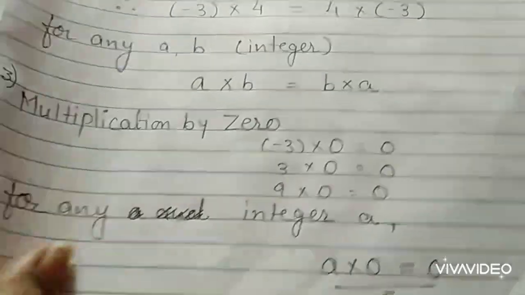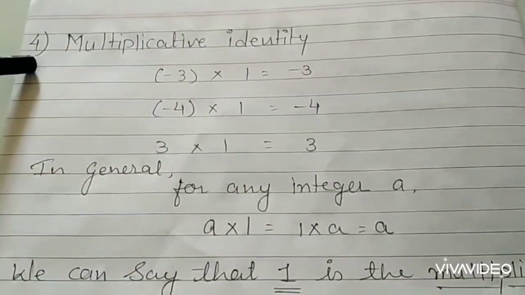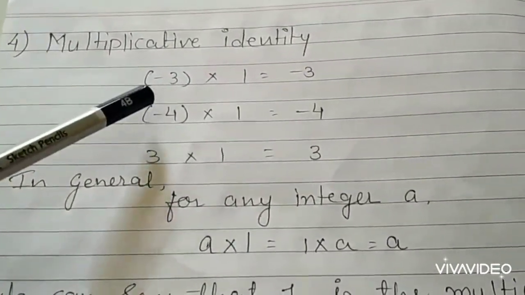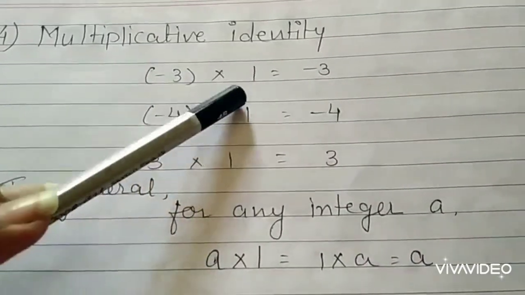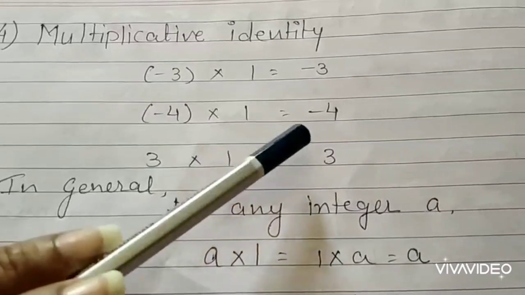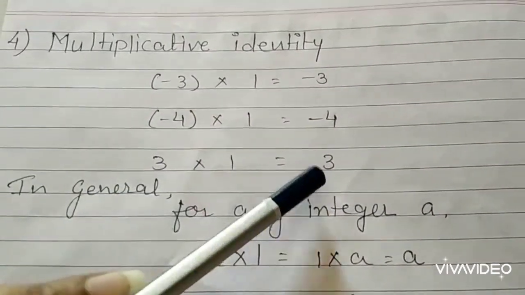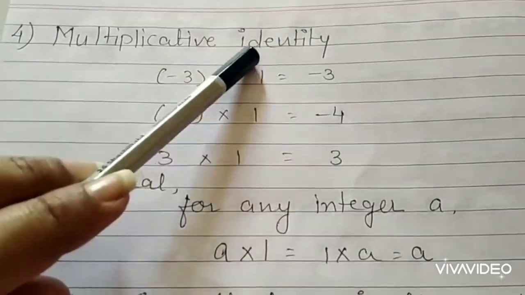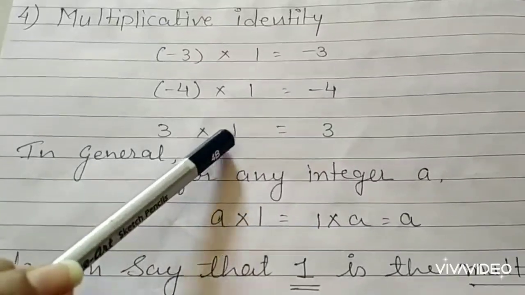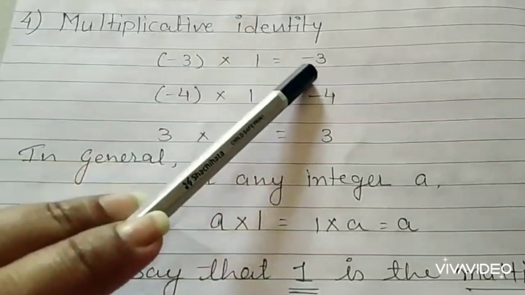Another one is the multiplicative identity. For this, minus 3 multiplied by 1 is minus 3. Minus 4 multiplied by 1 is minus 4. 3 multiplied by 1 is 3. So we have to take a number for multiplication such that the same number is our answer.